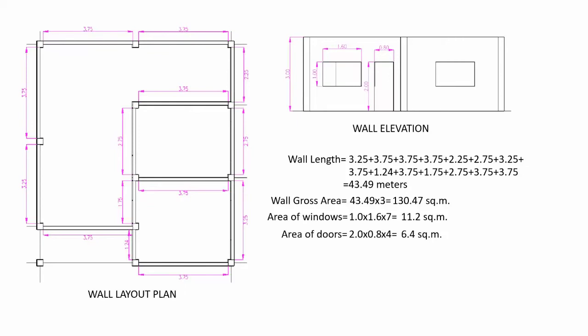This is the total area of the doors. Now compute the net wall area. Wall net area is gross area 130.47 minus the area of the windows 11.2 minus the area of the doors 6.4. So our net area now is 112.87 square meters.